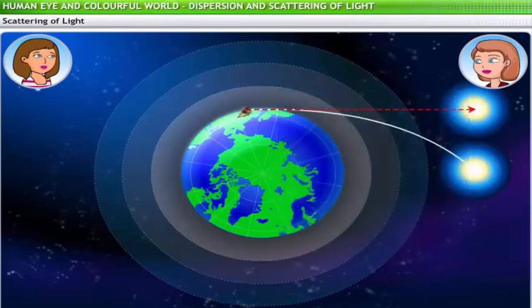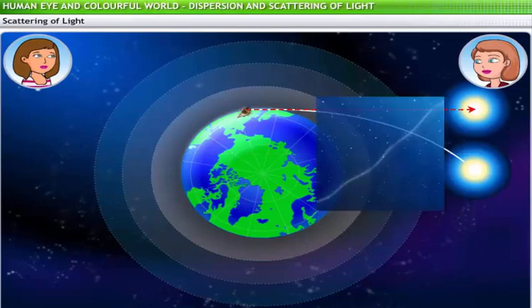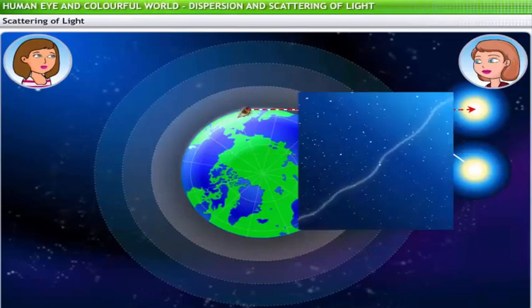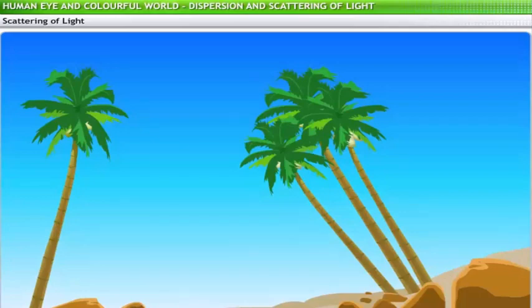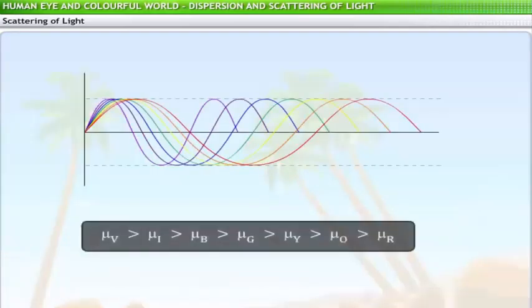And as light propagates through the atmosphere, it travels in a straight path until it is obstructed by bits of dust or gas molecules, right? You got it. Out of the 7 colors of light, blue has the shortest wavelength, and therefore experiences more scattering than other colors. Therefore, the sky appears blue to us.